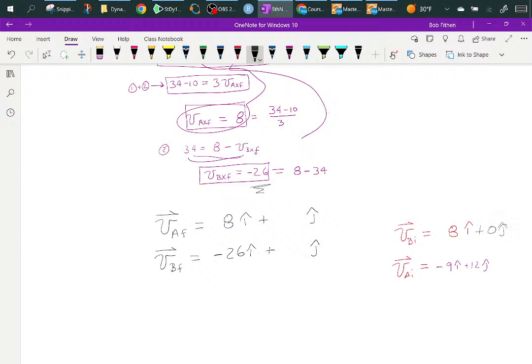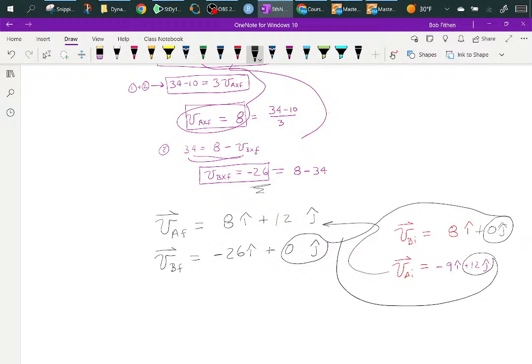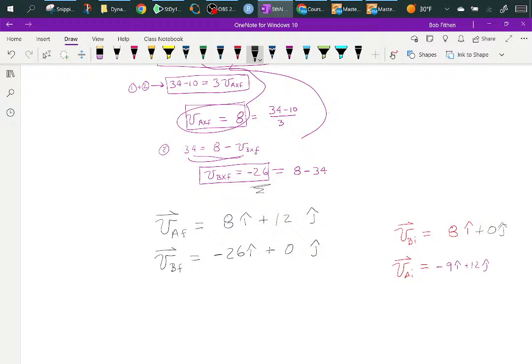A came first, so I look here and I get a 12, and I look here and I get a 0. So what I'm simply doing is copying this to here, and this one to here, because these are in the plane of impact. So there's my final velocities.